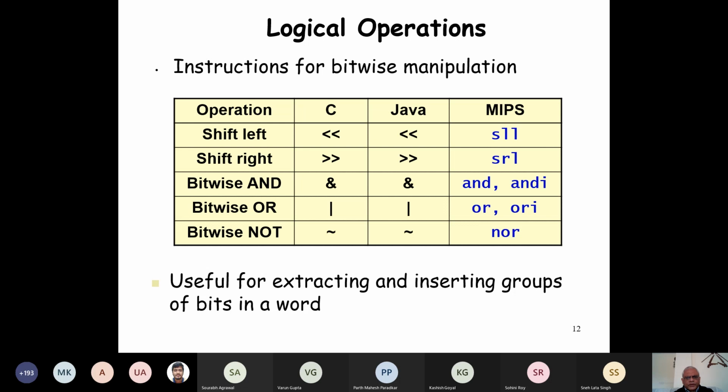Bitwise AND and AND immediate, bitwise OR and OR immediate, and bitwise NOT is actually the NOR operator in MIPS assembly. We'll see why it is NOR in MIPS assembly just one or two slides away, and the same operators exist in C and Java. We will be translating C code to MIPS assembly and MIPS assembly back to C code.